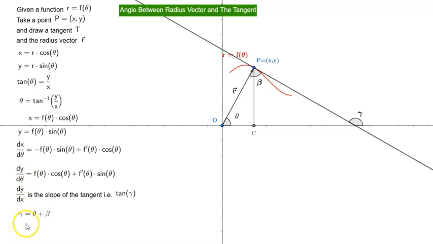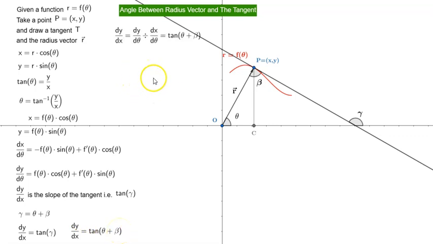But we also know that gamma is equal to theta plus beta. On what basis? Because this is an external angle to this triangle. That means it is equal to the sum of the interior opposite angles. So dy by dx is equal to tan gamma, which can be written as dy by dx is equal to tan of theta plus beta.